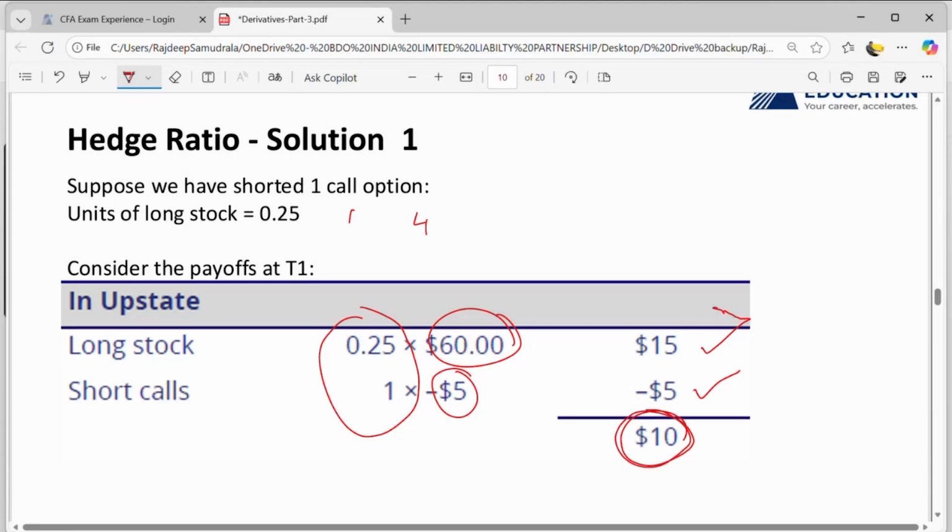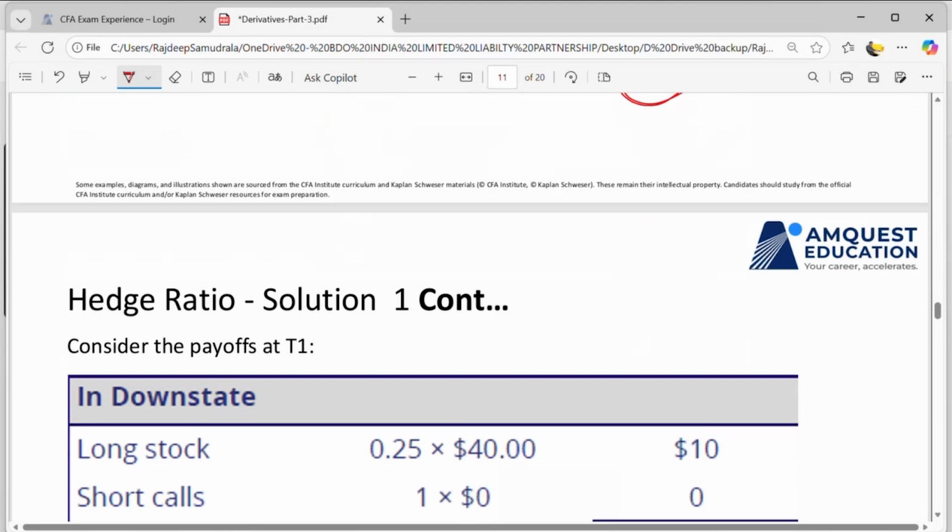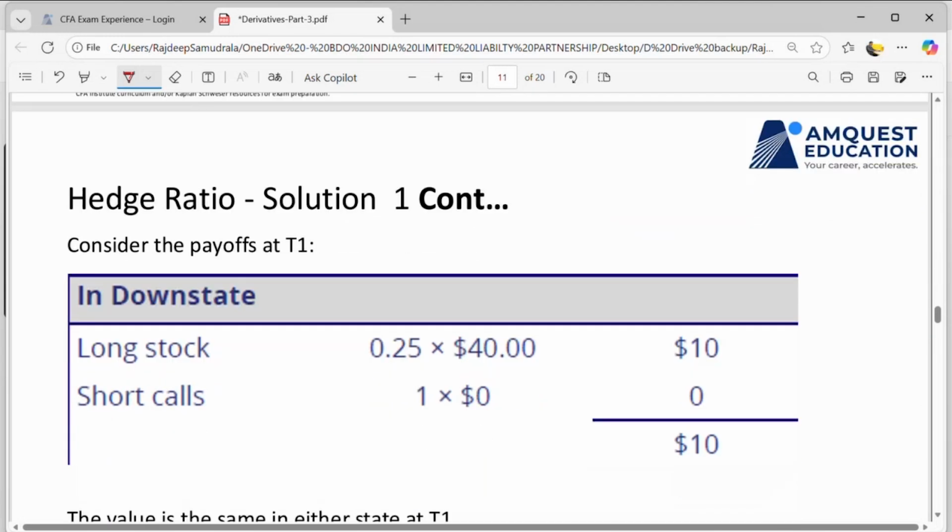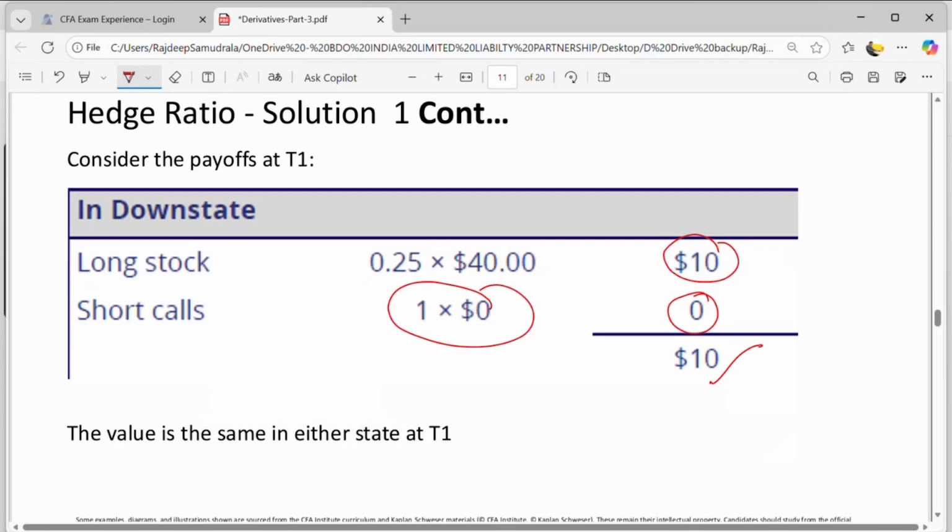Okay, $10. Now let's do the downside. If it went down, let's say from 50 to $40, you still have $10, but now the short call value is also 0. So effectively, you still have $10. This proves that whether it goes up or down, the value in my pocket remains $10.